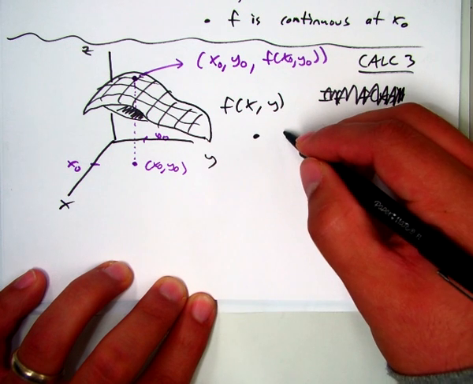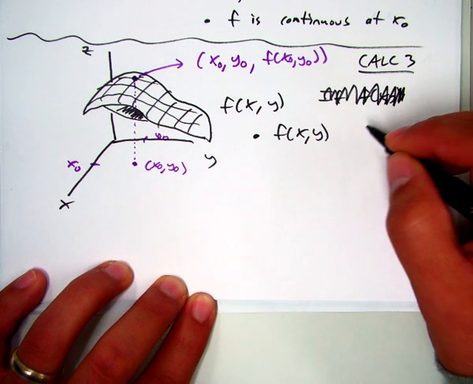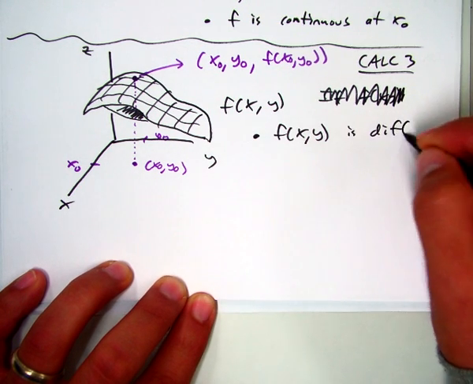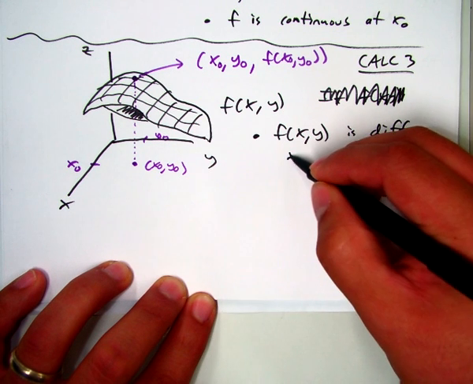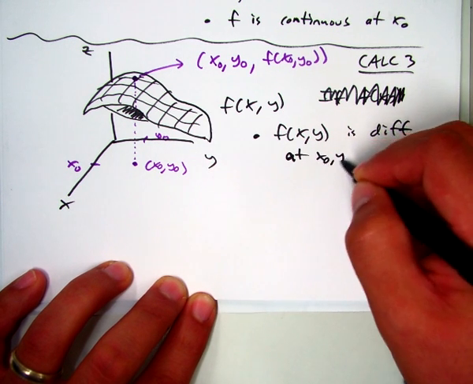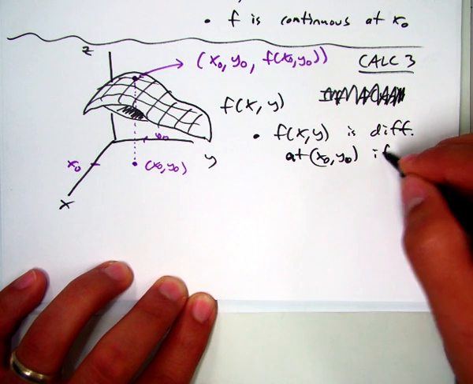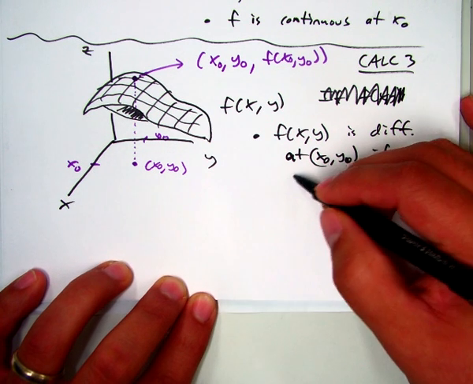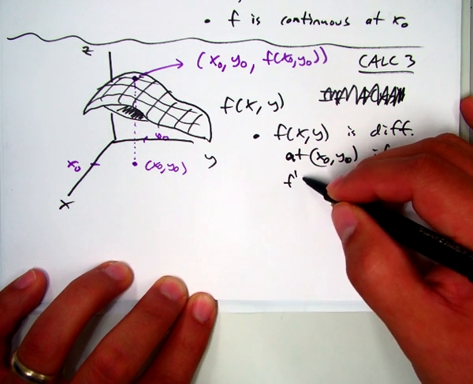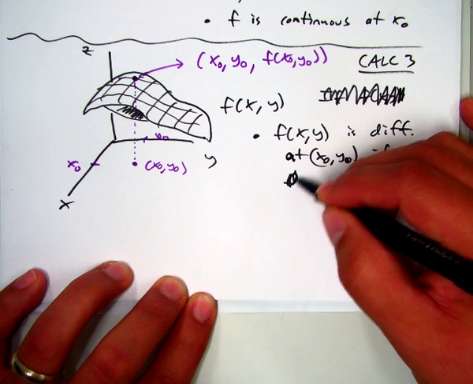Sorry. f of x, y is differentiable at x naught, y naught if the limit exists.